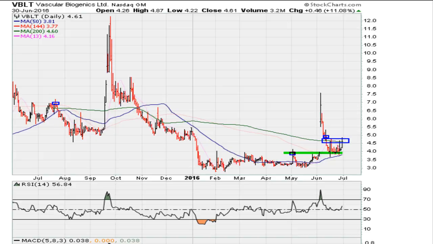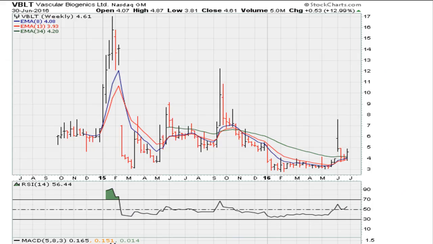This, when the 200-day moving average was flat, the breakout was successful here. And I also was glad to see an example on the weekly where we have a flat 34-week moving average. So the highest weekly close is here, and so any breakout above 4.59 is a legitimate buy signal.